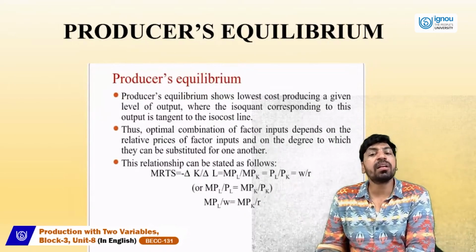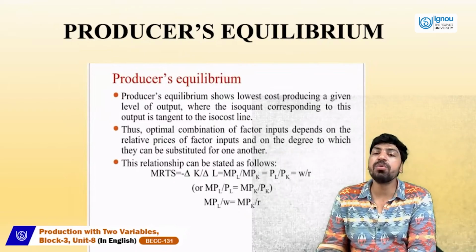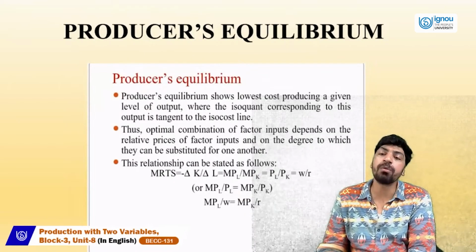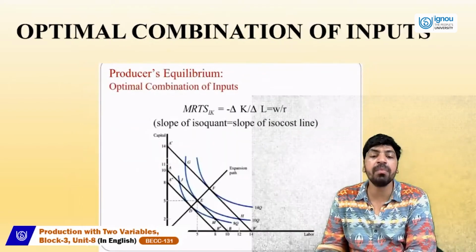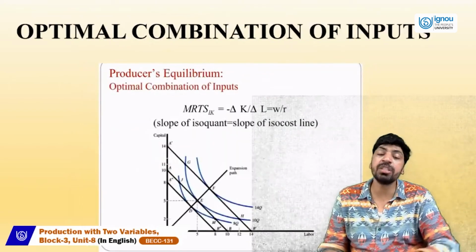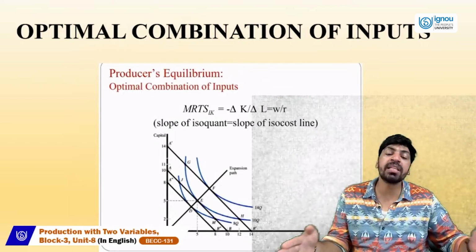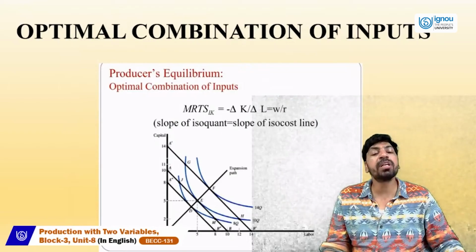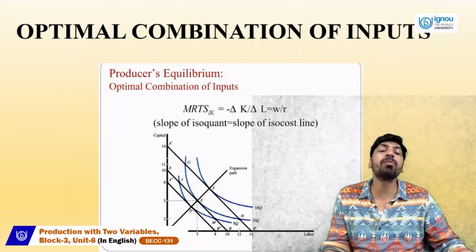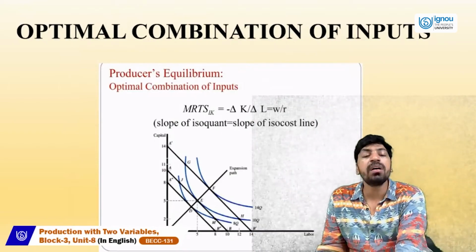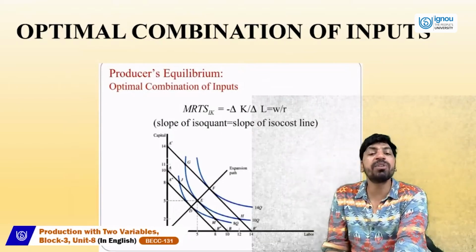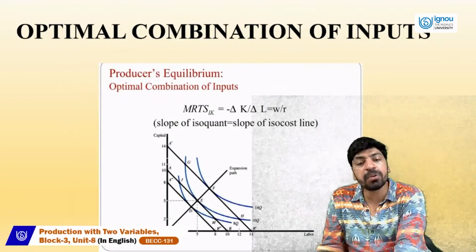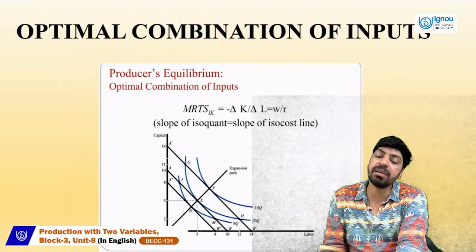What is producer equilibrium? Producer equilibrium shows the lowest cost of producing a given level of output. If you look at the diagram, even if there are shifts in the isocost lines, whether outward or inward, the producer equilibrium gives the lowest cost, with 5 units of output as compared to 14 or 15 units of output, by combining these two inputs, labor and capital.